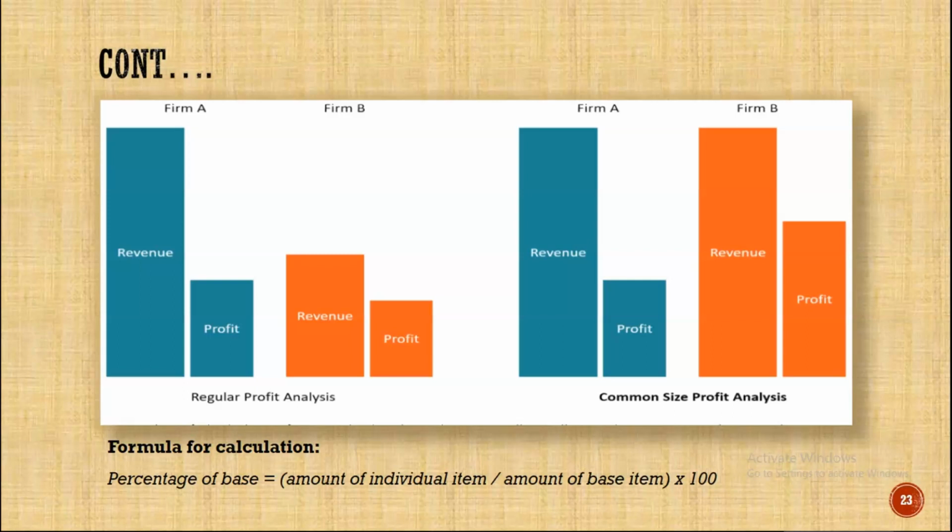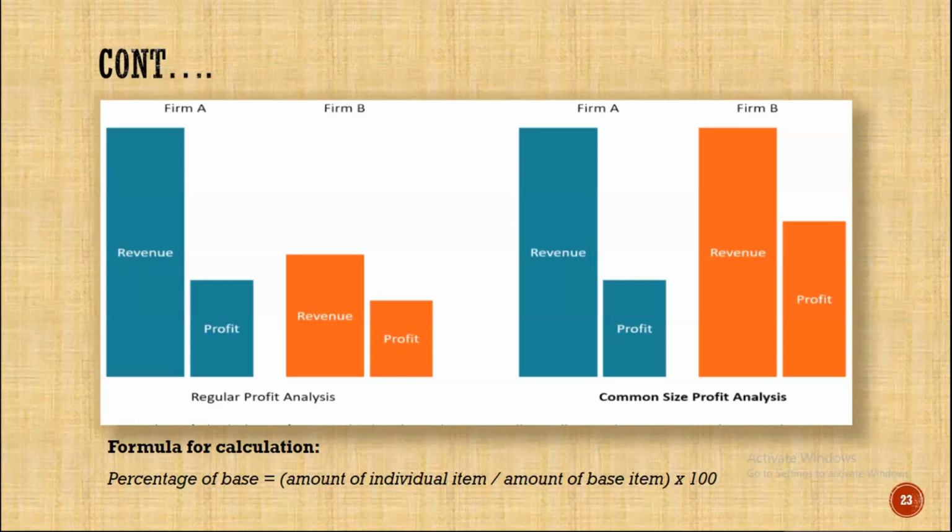We will see only the revenue. The firm A revenue is good, but the profit is less, but it is not easily visible to us that compared to revenue, profit of company A is less. And for B, revenue is less, but compared to revenue, profit is good.